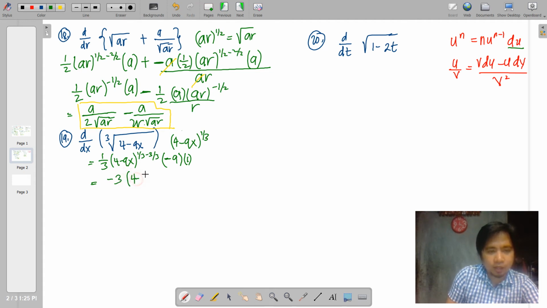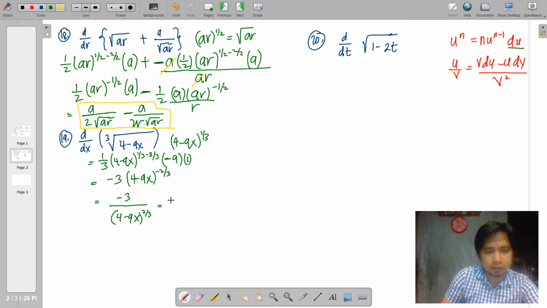Times (4 minus 9x) raised to negative 2/3. And then here we can bring down the negative exponent, say we have here (4 minus 9x) raised to 2/3.